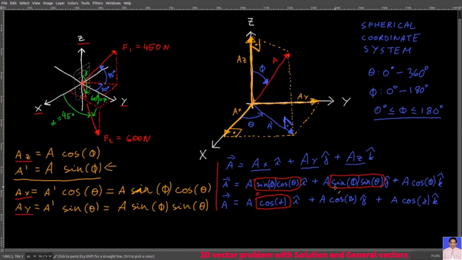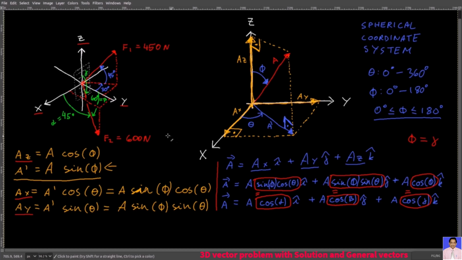And then this thing here, it equals this one, cosine beta. And cosine phi equals cosine gamma, which actually makes sense because phi and gamma are defined exactly in the same way from the positive z-axis. So actually, phi equals gamma.